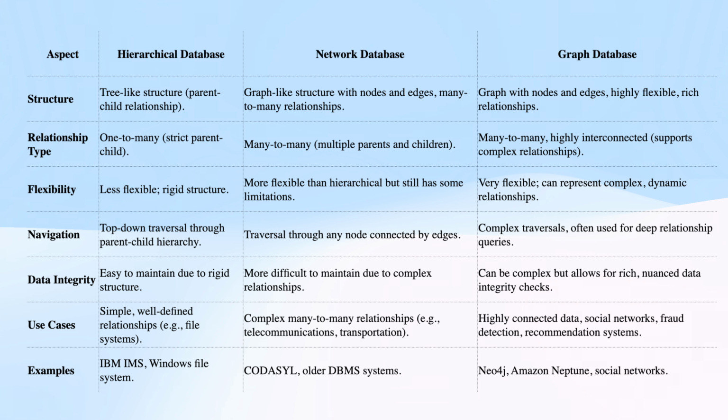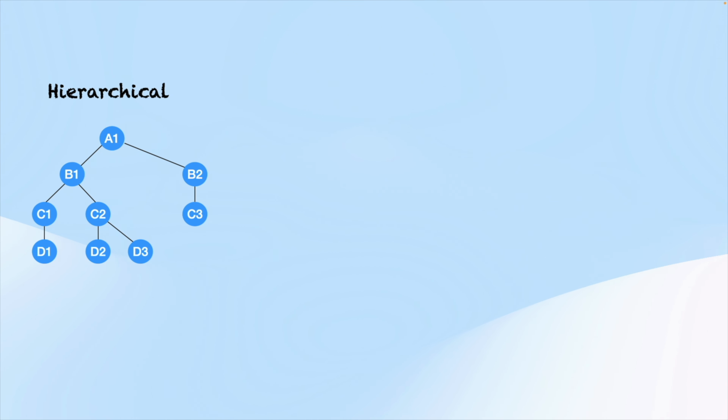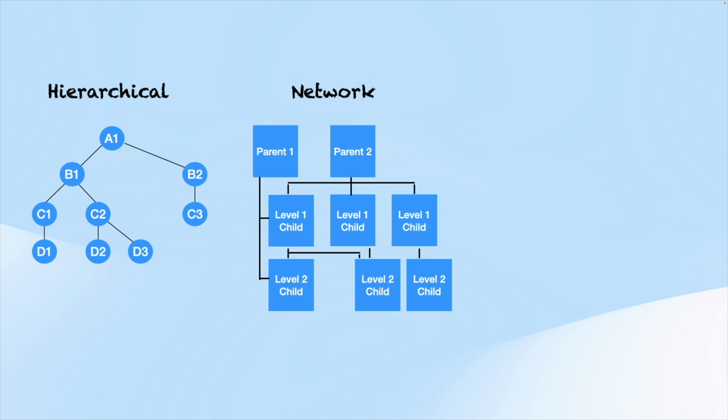But at this point in time, you might wonder, what is the difference between graph, network, and hierarchical databases? You can find the key differences in this table. But to summarize, hierarchical databases are best for situations where data naturally fits into a strict parent-child relationship. Network databases provide more flexibility than hierarchical ones and support many-to-many relationships, but are still more structured.